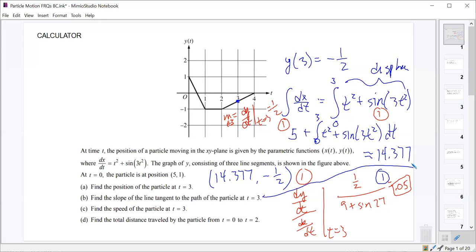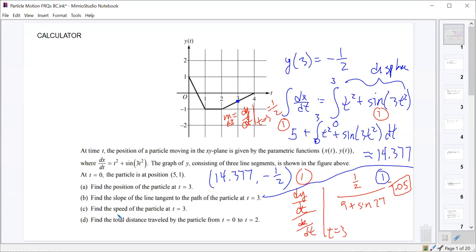All right, and then we want to find the speed. And so to find the speed, speed is the absolute value of the velocity, right? And the absolute value of the velocity is just the magnitude of the velocity vector. And the velocity vector should be dx dt, comma dy dt.